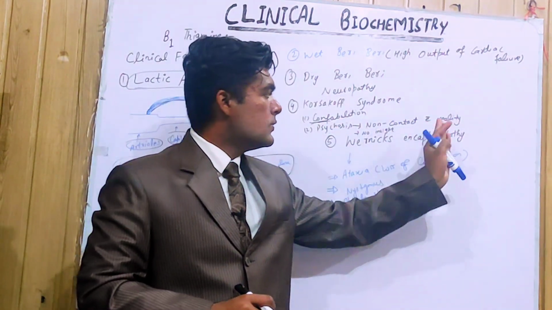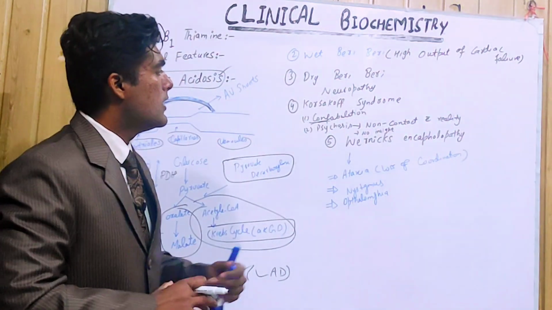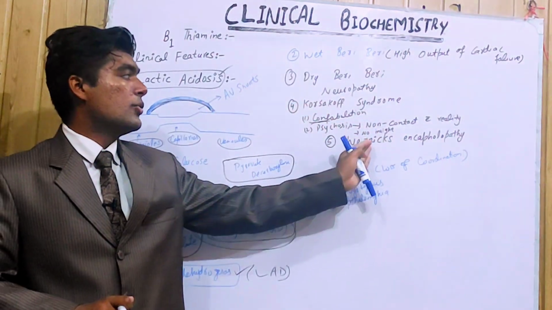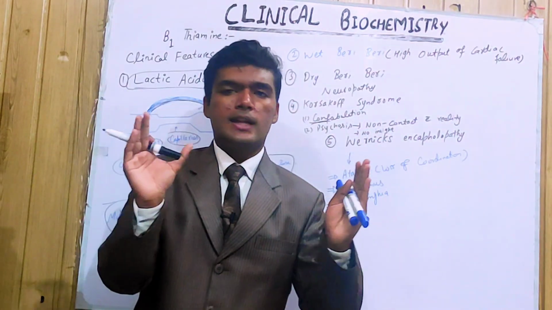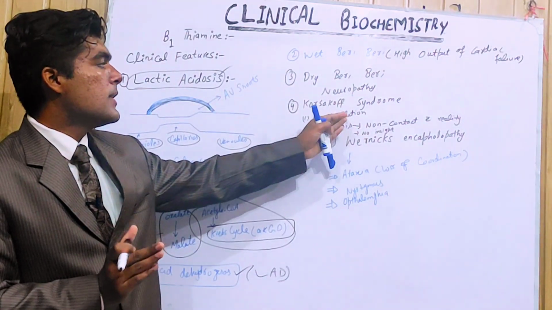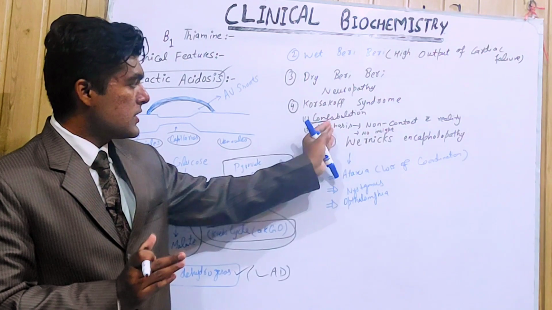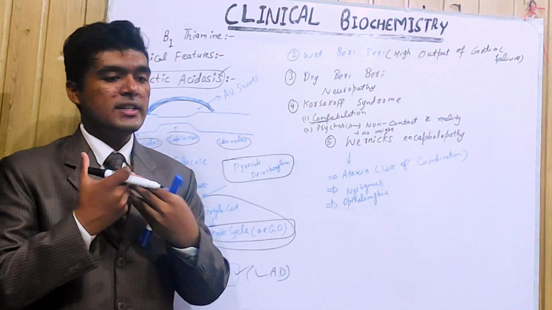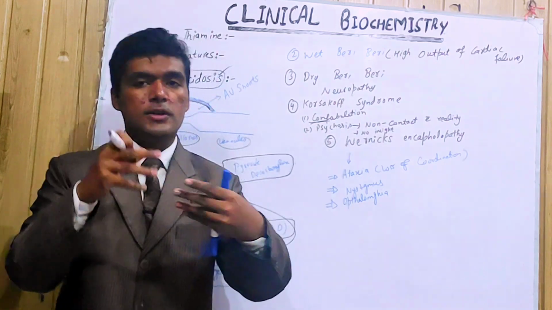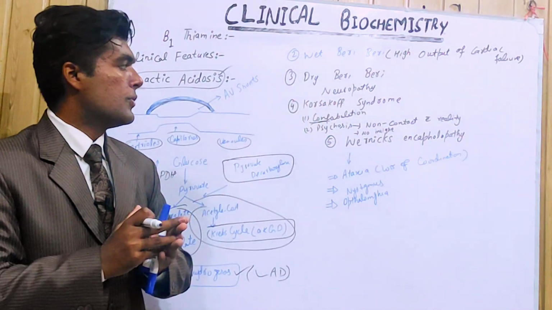Psychosis is non-contact, or there is no reality in that. So we say it is psychosis, having no insight, having no reality content. These two conditions collectively, confabulation and psychosis, when we see them in a person, we say the person is having Korsakoff syndrome.